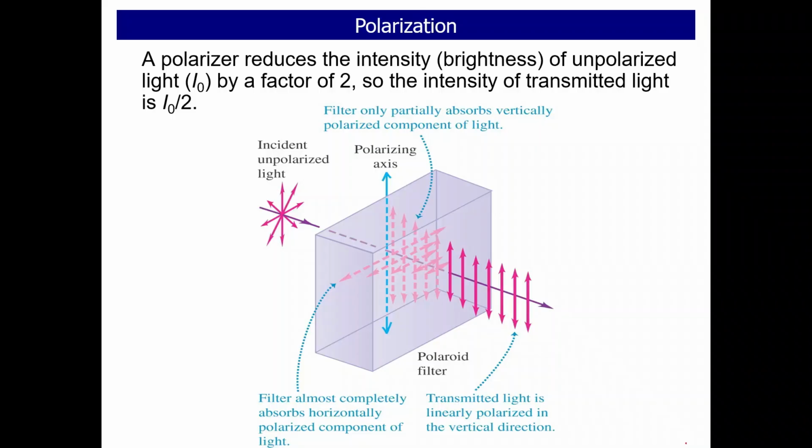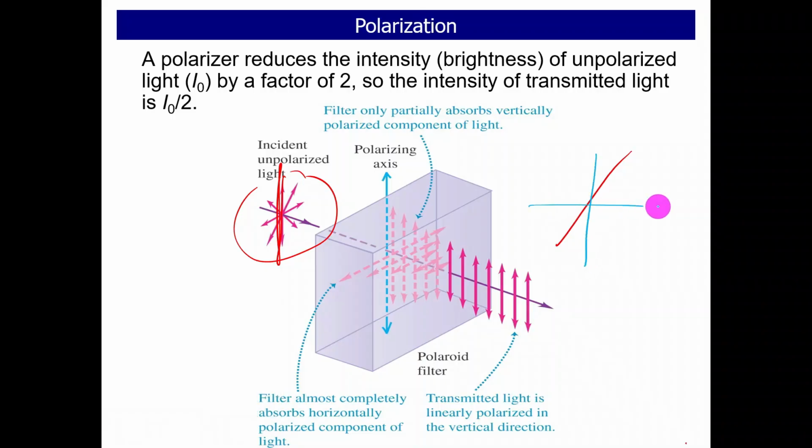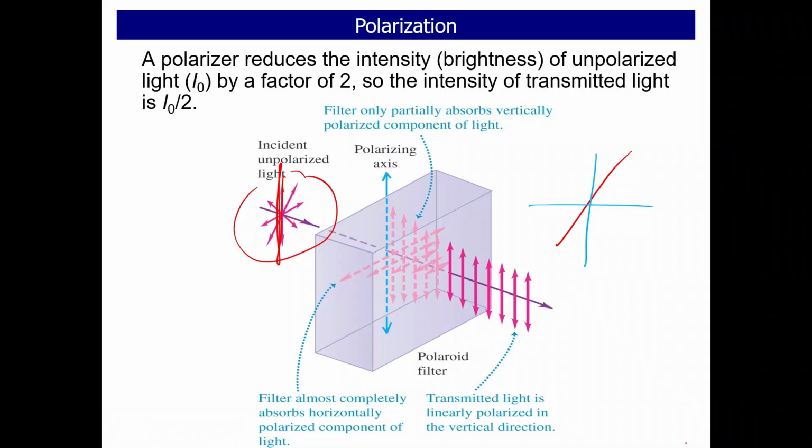Now, why half? If I can have polarization in all of those different directions and only the vertical passing through, for example, is going to pass through, why is it half and not only one small fraction? Well, that's because if you have light that is at an angle to your axis, so for example, I've got axis here, and I know that only the vertical part comes through, any sort of light that is at an angle actually has both a vertical component here and a horizontal component.